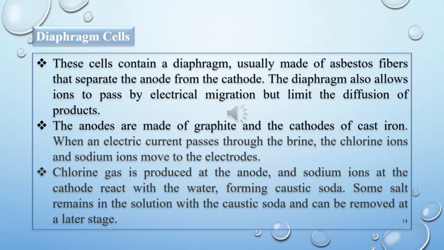After the discussion of the mercury cell, in which we said that there are two electrodes, anode and cathode: the anode is formed of graphite or modified titanium, and the cathode is formed of mercury.